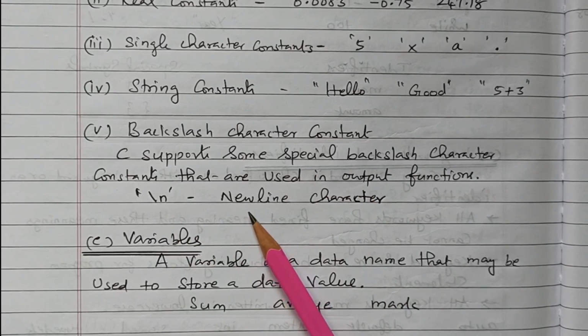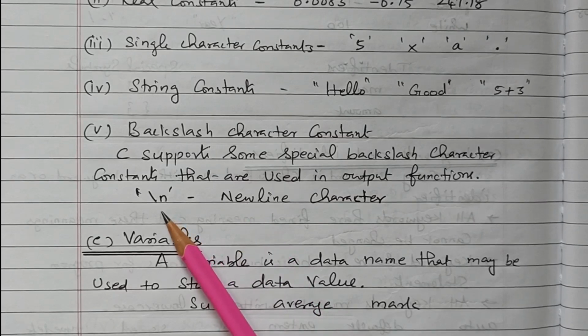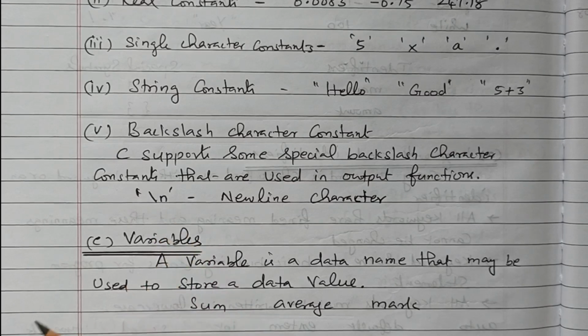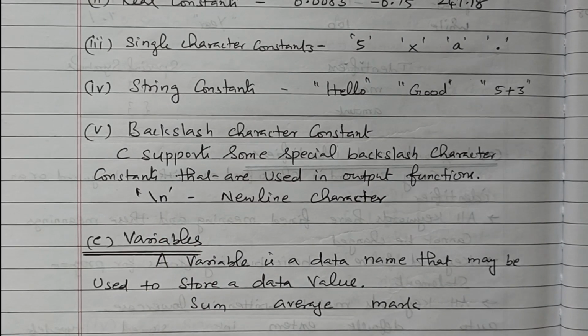Like that, there are many backslash characters available, right? They give a specific meaning. The example is \n means new line, \t means the tab. It will provide the tab, right? So here we discussed the constants: integer constant, real constant, single character constant, string constant and backslash character constant.